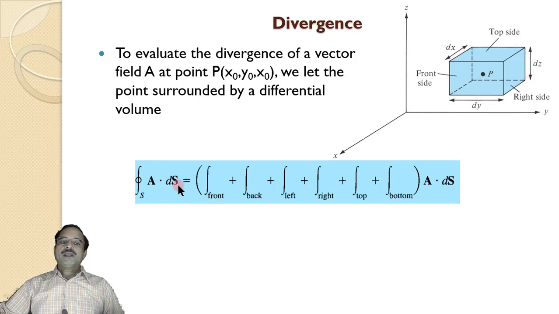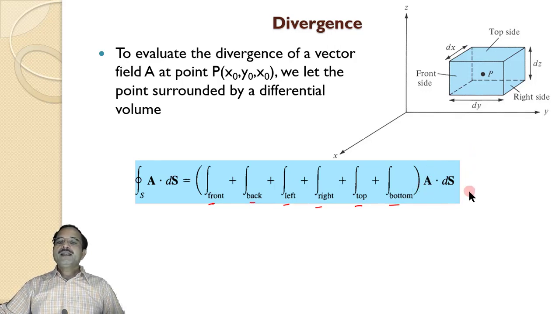We carry out the surface integral of A dot dS over this volume. There are 6 surfaces, so we split this into 6 parts: front, back, left, right, top and bottom surface. We evaluate A dot dS over all 6 surfaces.